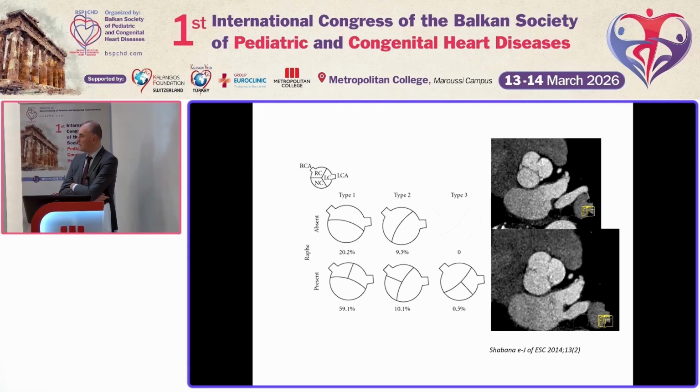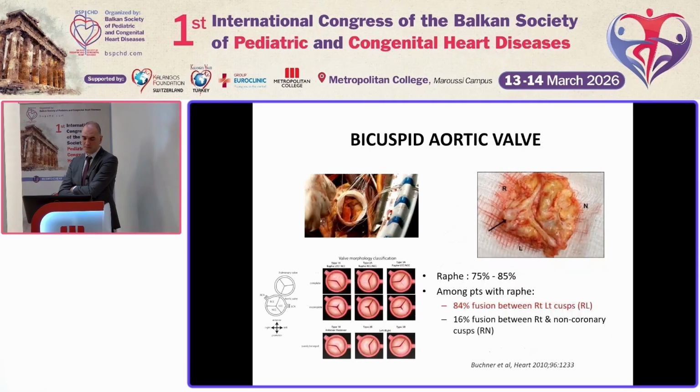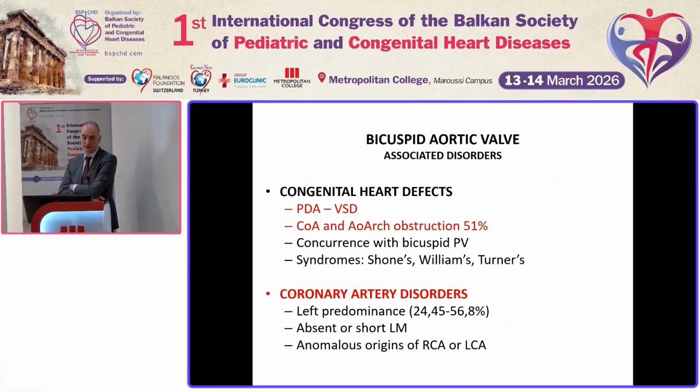The characterization of BAV in terms of anatomy depends on the number of raphes and commissures, knowing that the vast majority of cases will present with at least one raphe and a fusion of the right and left coronary cusps.